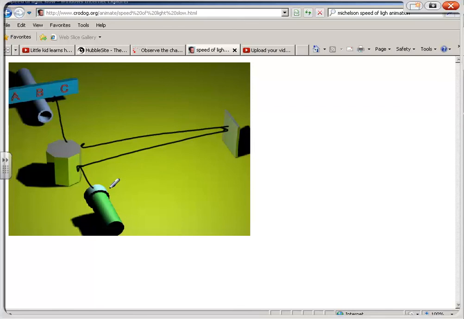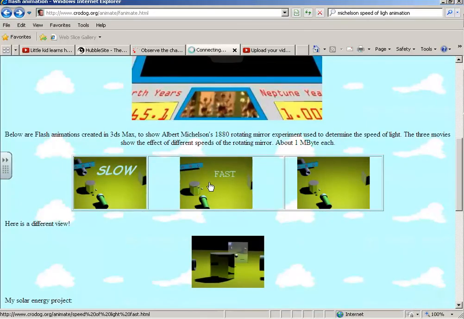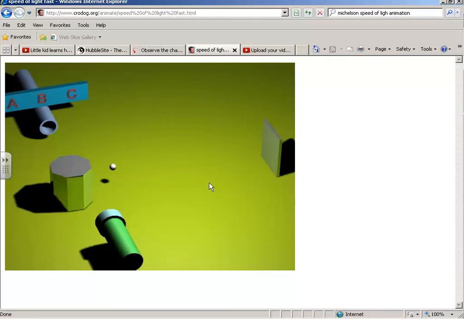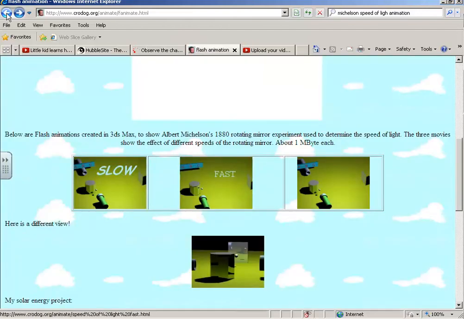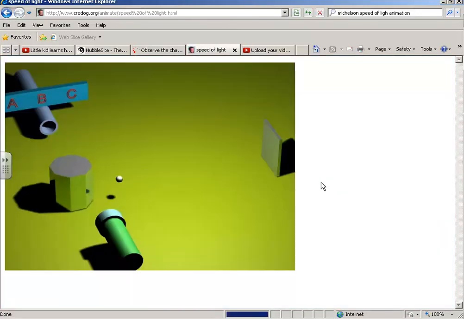Now, if he rotated the mirror too slow, which you're seeing here, the light would not make the detector. If he rotated the mirror too fast, it would hit on the other side of the detector, and that's not good. So you just start adjusting until the detector starts detecting things, and then you can relate that rotational motion and that distance to the speed of light.